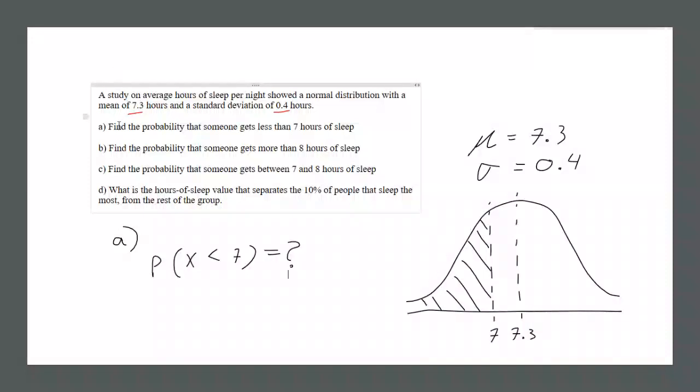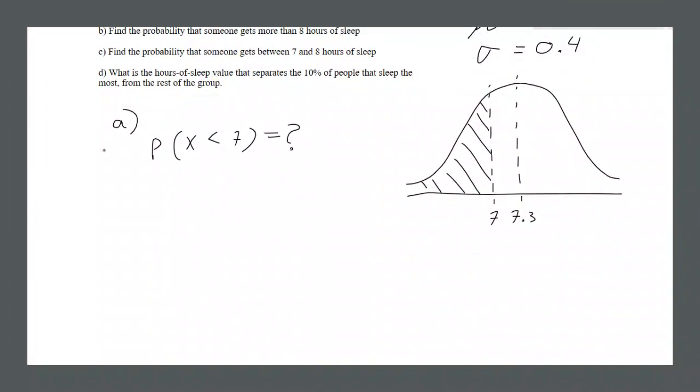The first step is always to convert to the z scale. Our z value is going to be x minus mu divided by sigma, which in our case is 7 minus 7.3 divided by 0.4.